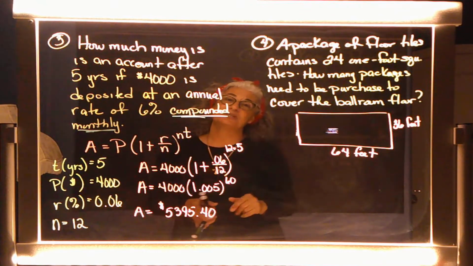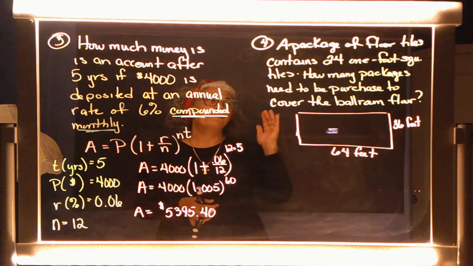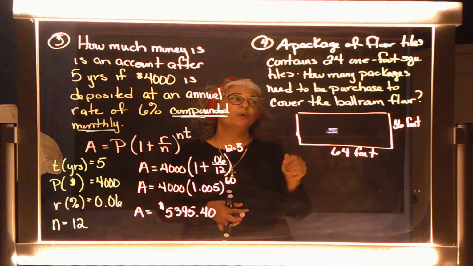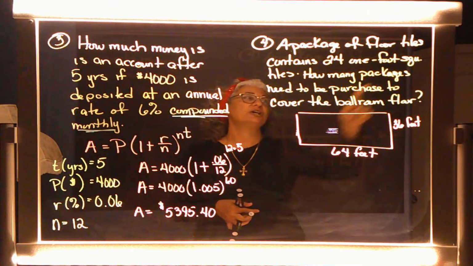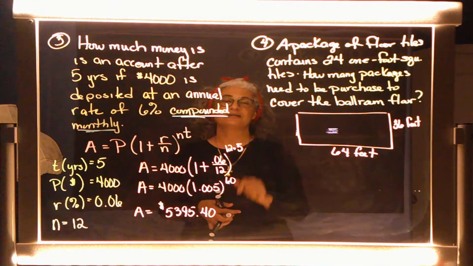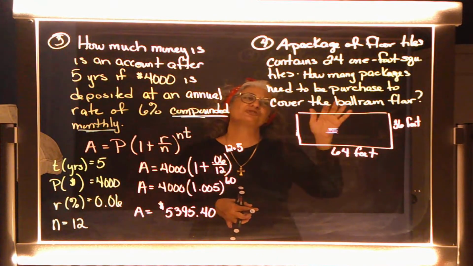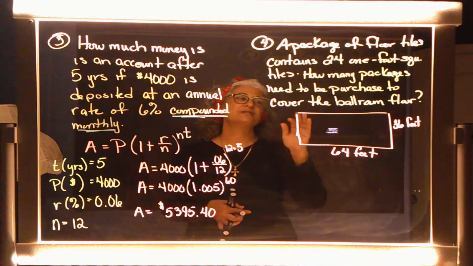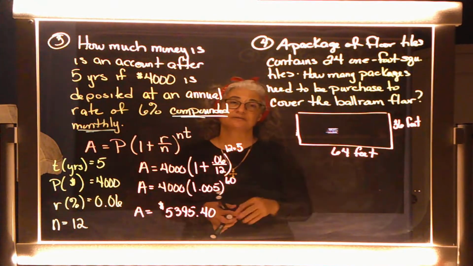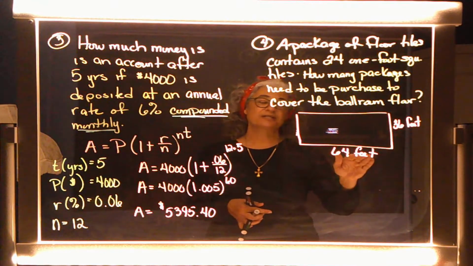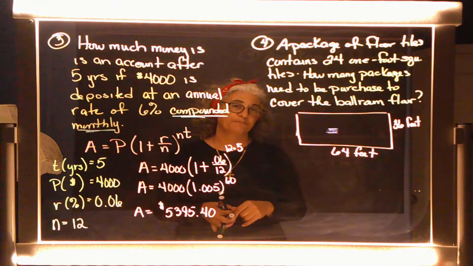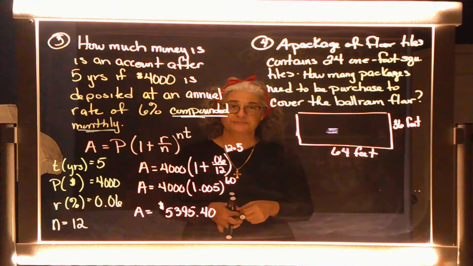This one's also a real life example. A package of floor tiles contains 24 1-foot, that's square, tiles. How many packages are needed to be purchased to cover this ballroom floor? And the ballroom floor is measured 64 feet by 36 feet. So now here's the deal.